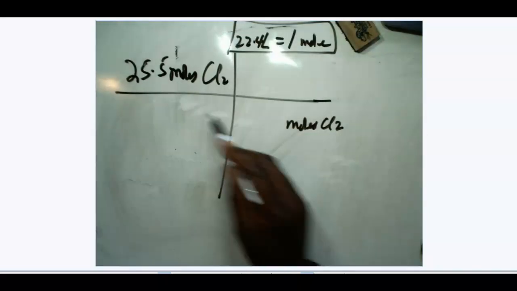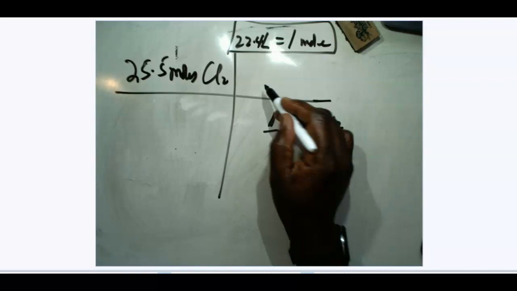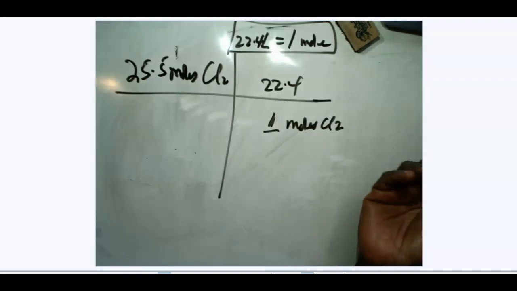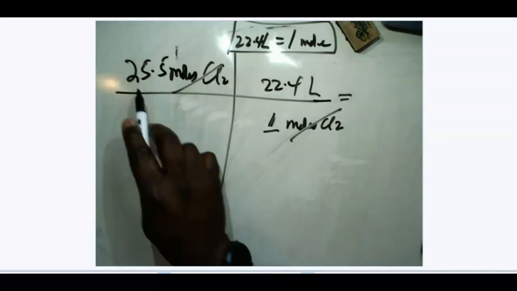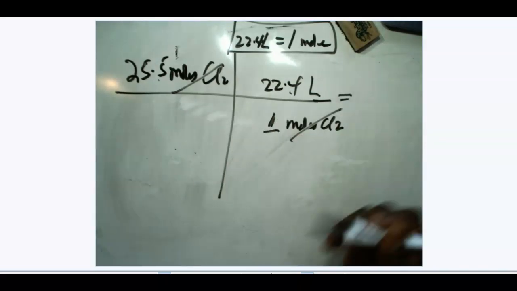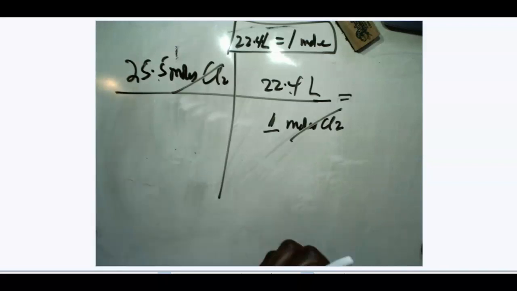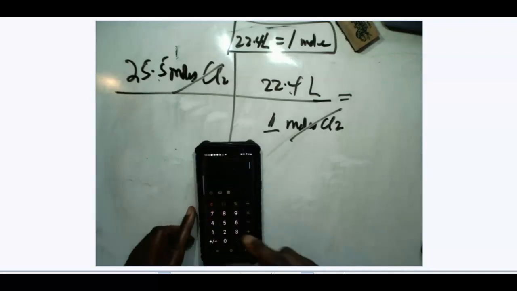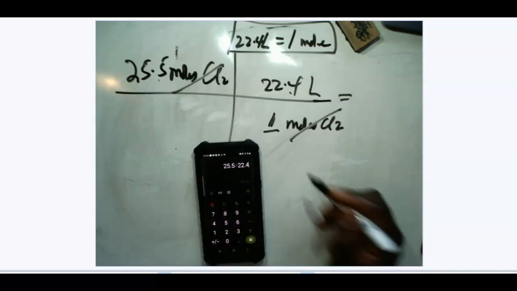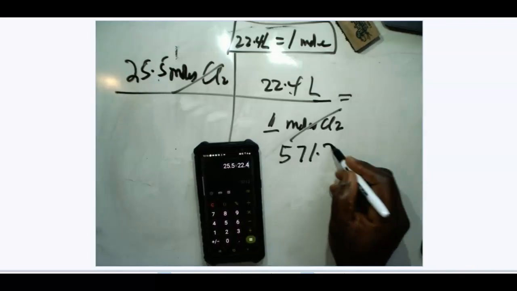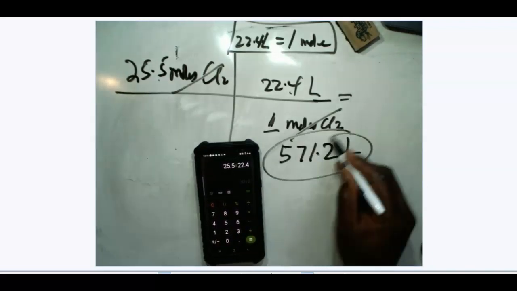So if I have moles here, that means I have 1 mole here. And here will be 22.4 because I'm looking for liters. So the mole will cancel the mole. What I have left is just 25.5 times 22.4, which is going to be 571.2 liters of chlorine.